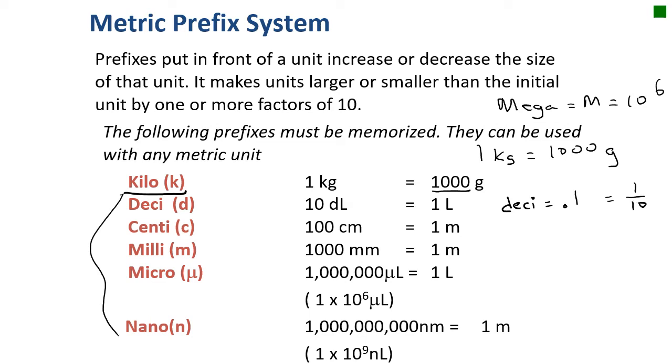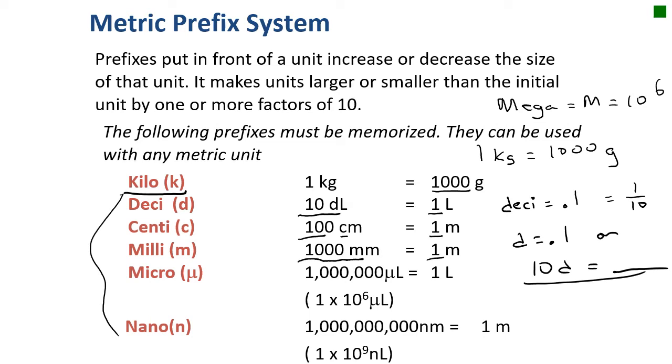So we can either memorize that a deci, lowercase d, is 0.1, or we can memorize that there are 10 deci in something. This is set up, so we're doing it the second way. And so look through these. We want to do a conversion. There are 10 decis in 1. There are 100 centis in 1.